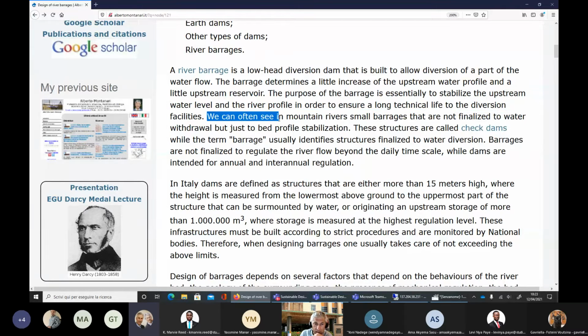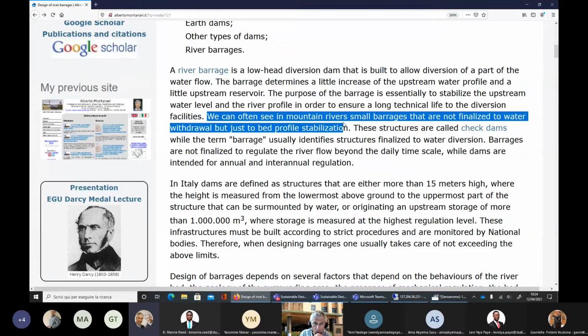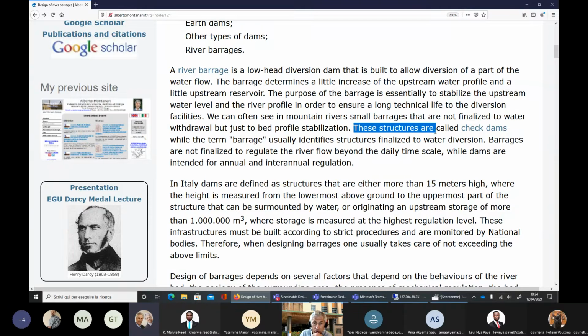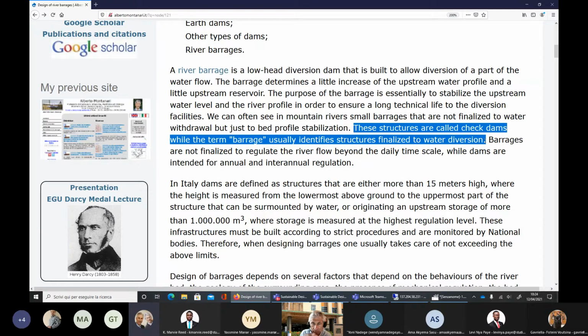We can often see, especially in Italy, in mountain rivers, small barrages that are not finalized to water withdrawal, but just to bed profile stabilization. These structures are called check dams, while the term barrage usually identifies structures finalized to water diversion. So I just want to emphasize what I previously said.